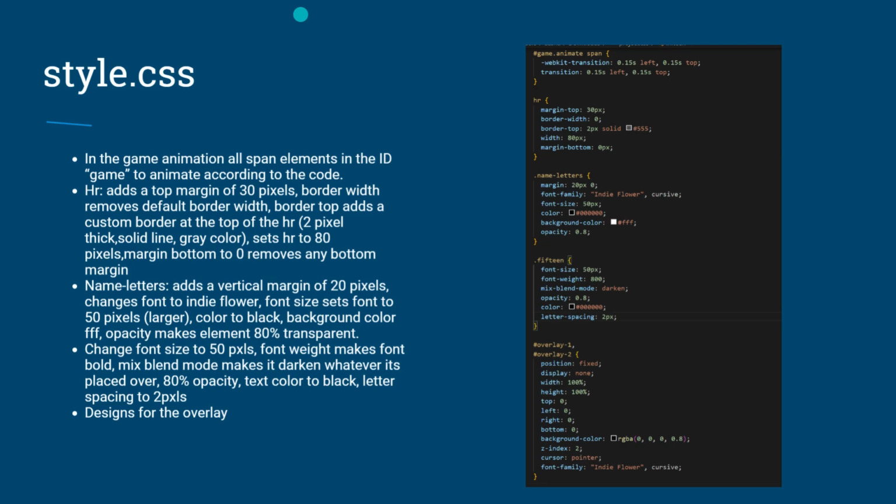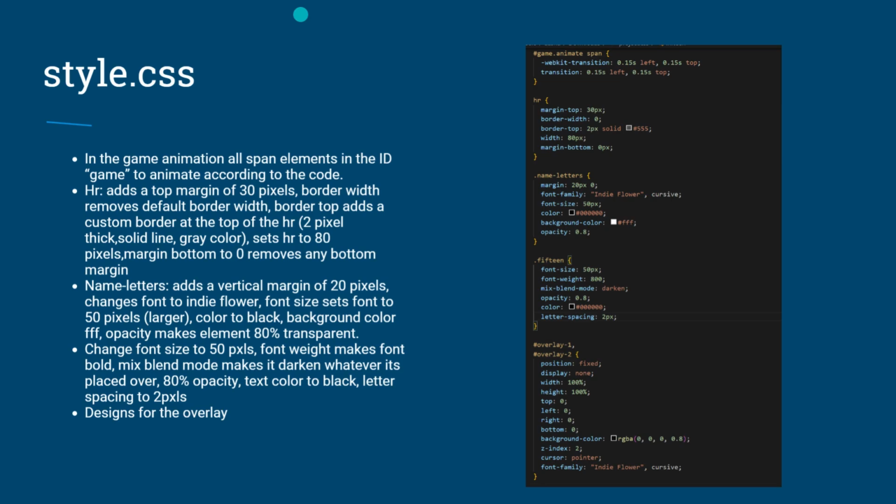And for game, we put the position relative, which allows child elements inside the container to be positioned relative to its bounds, meaning it helps with placing the game pieces. And the width and height to be 325 pixels, and the margin to be 0, margin top to be 10 pixels, and the border to be 8 pixels, with the color 444, with a border radius of 4 pixels and background color of white.